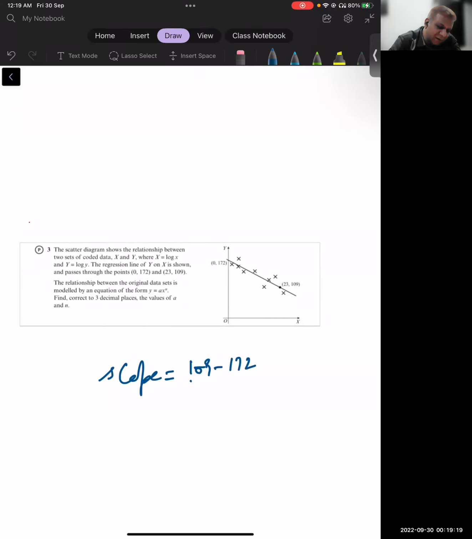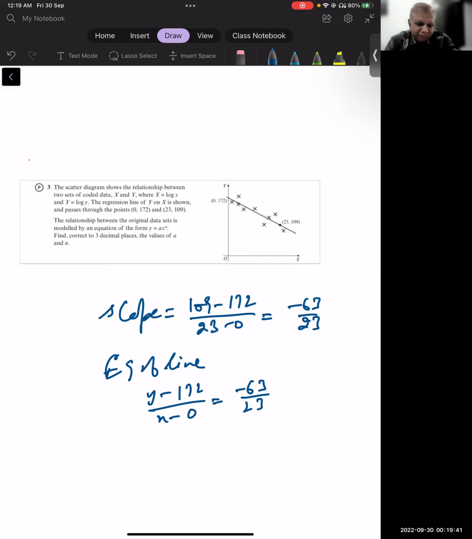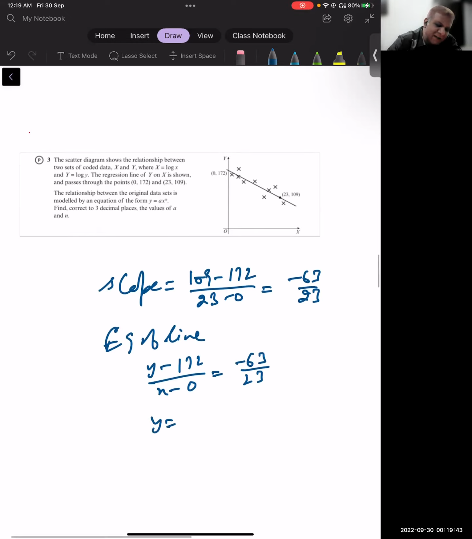Yes, 172 over 23 minus 0. And what about the equation of the line? That would be y minus y1 equals the slope times x minus x1, which is minus 63 over 23. So I can say y is equal to minus 63 over 23 x plus 172.